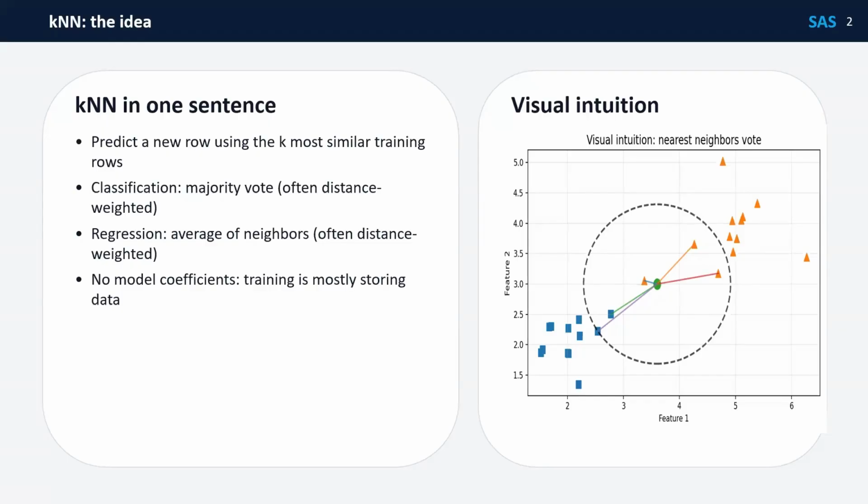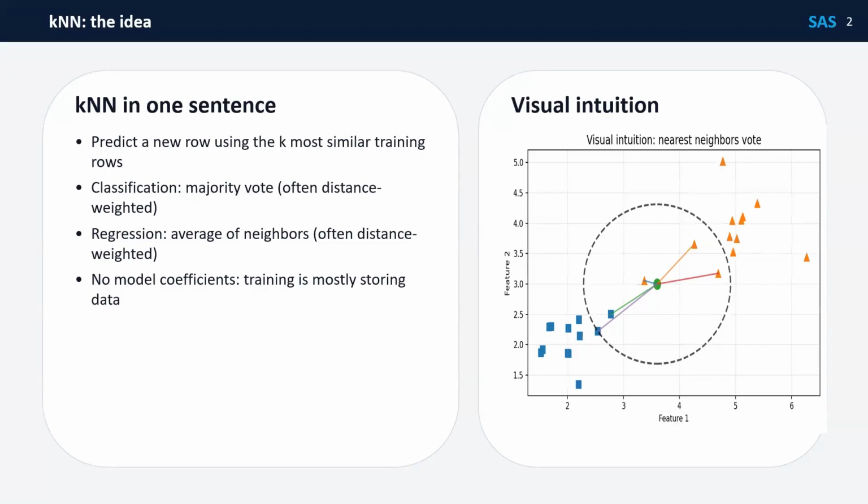kNN is one of the most intuitive supervised learning methods. The model predicts a new row by finding the K most similar rows in a training data set. So if the outcome is a category like a class label, we'll use a vote. The neighbors vote for the class.